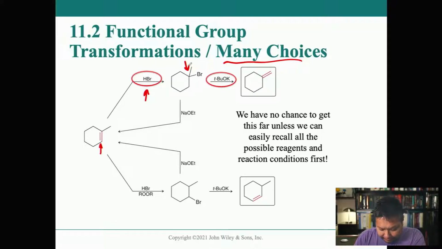And then we can do a tert-butoxide, and when we do a tert-butoxide, we'll get, as I just said on the previous slide, the Hoffman product, with the alkene at the end and not in the middle. If you go this way with the sodium ethoxide right here, you can go back to getting the ZZ product. But you didn't want the ZZ product. You were trying to get the Hoffman product.